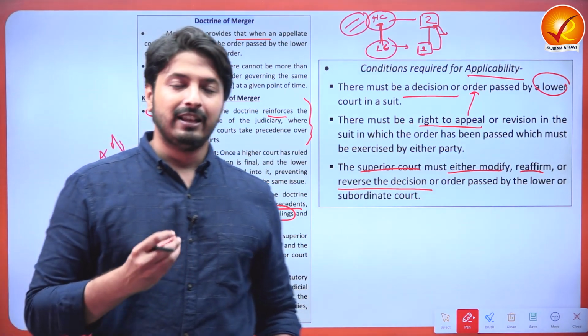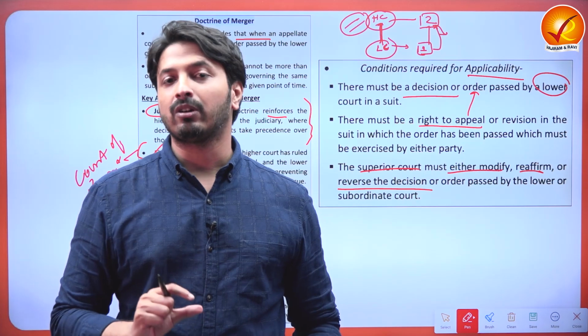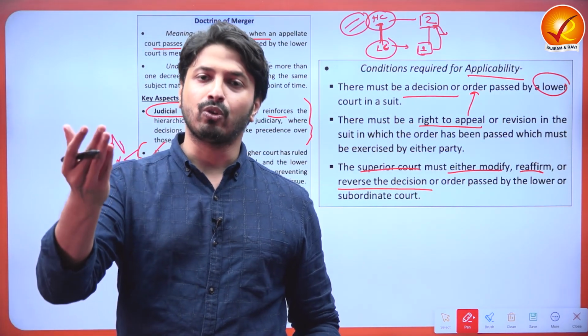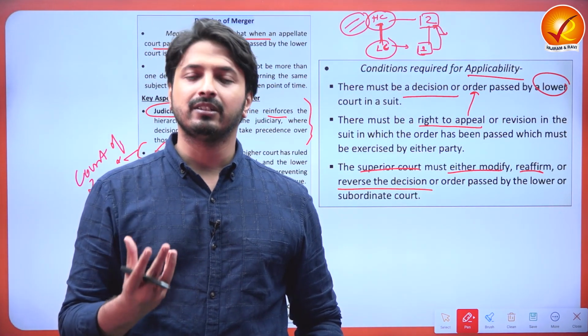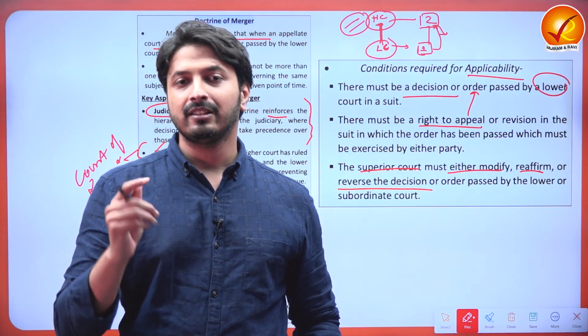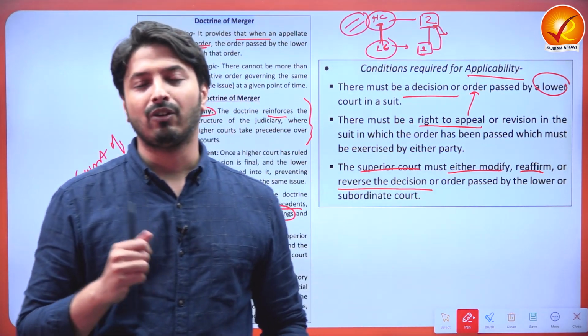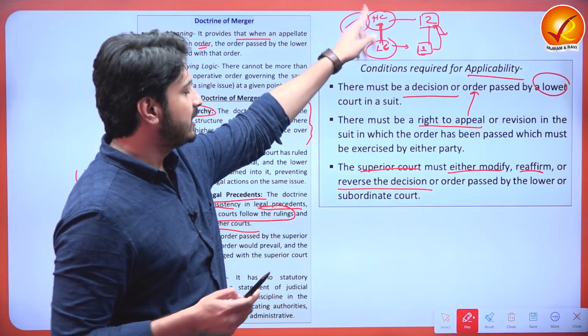So there is no doctrine of merger if there is no appeal against the order of the lower court. Once the higher court reverses or modifies the judgment provided by the lower court, the lower court's judgment is merged with the judgment provided by the higher court.